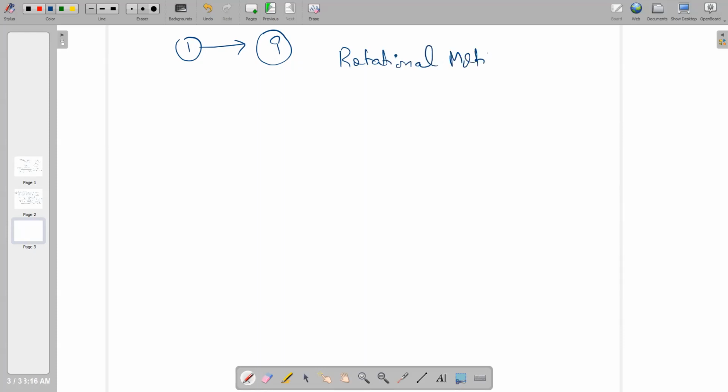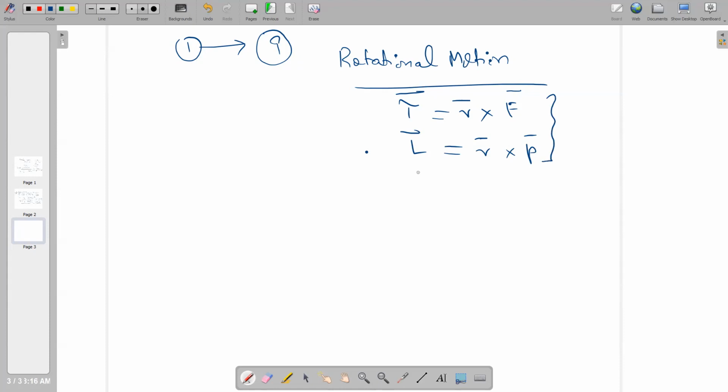Rotational motion is also an important chapter in which we discuss torque and angular momentum. Here we use linear momentum, but there we use angular momentum or r cross P like this one. But anyhow, this chapter is not included in your syllabus. So up to chapter number 9, you have to control all these things.